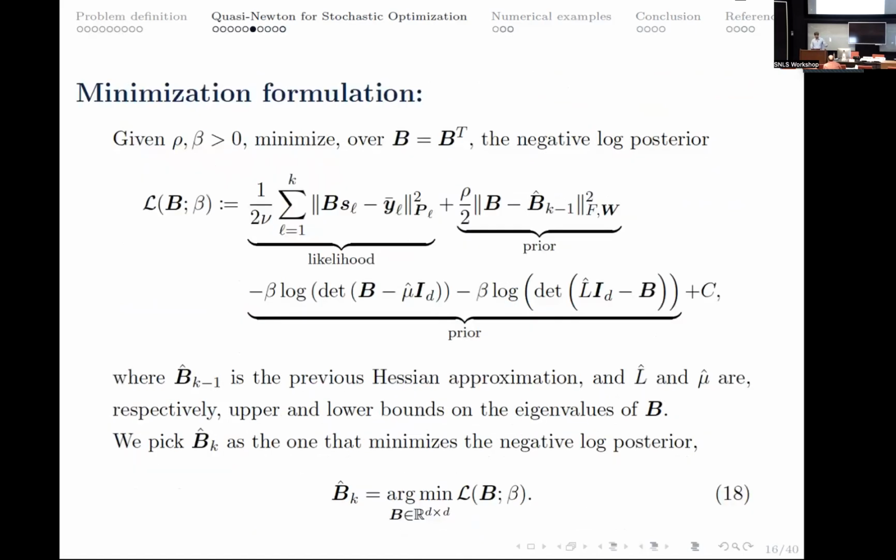We came up with the idea of building this likelihood, where we have this form to acquire the information about the Hessian. There is one work that uses Bayesian modeling for the same problem, but the formulation is very different, using Gaussian processes. There is another work that does not use Bayesian, more of a frequentist approach, but it also requires solving a subproblem.